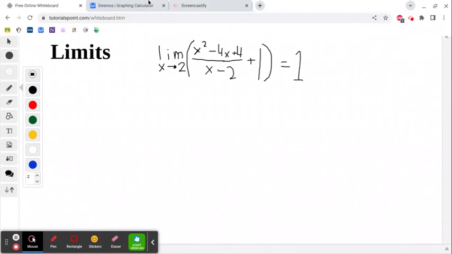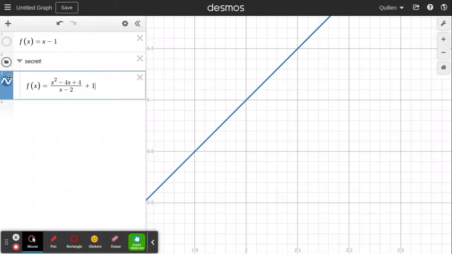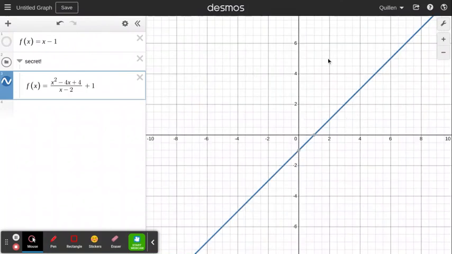So let's do a really quick review, and then I will pause, provide you with some examples, and we'll come back and talk through them. In a lot of cases where you have a graph, you can just trace along it and visually tell what the limit of a function at a certain value is, even if you know, such as in this case, that the function is undefined at that specific variable.